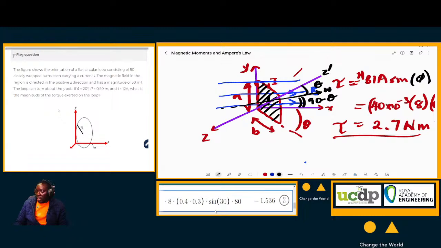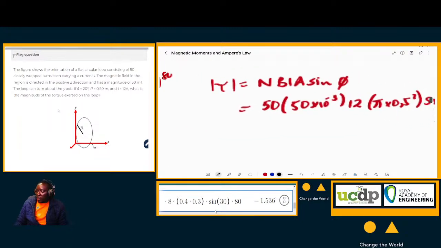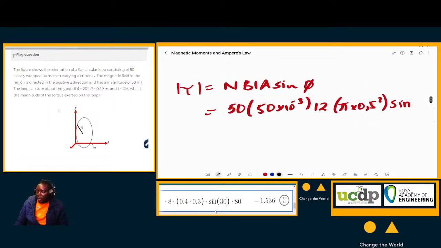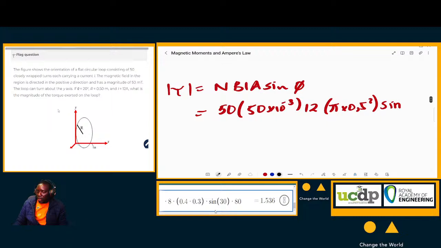It still makes sense, because this normal and the new orientation of the plane of the loop make 90 minus theta plus theta, so that angle is still 90 degrees. So the same angle that we consider there is still the theta that's given, which is 20 degrees. So we have sine 20 here.